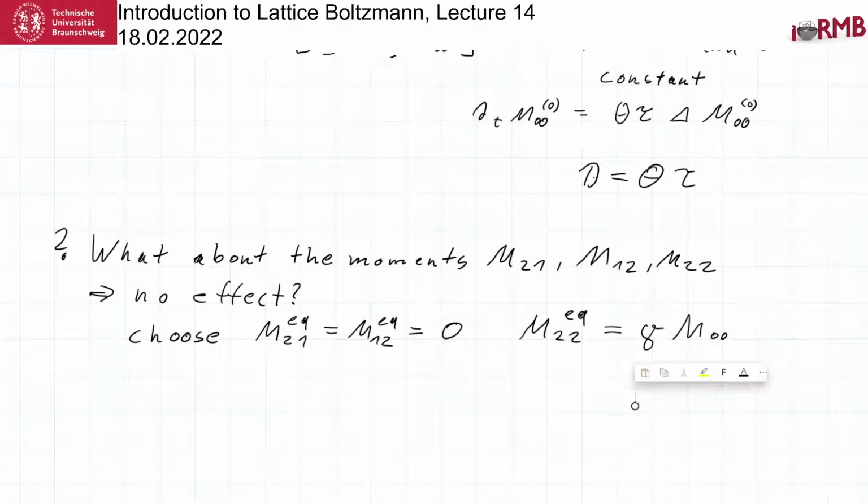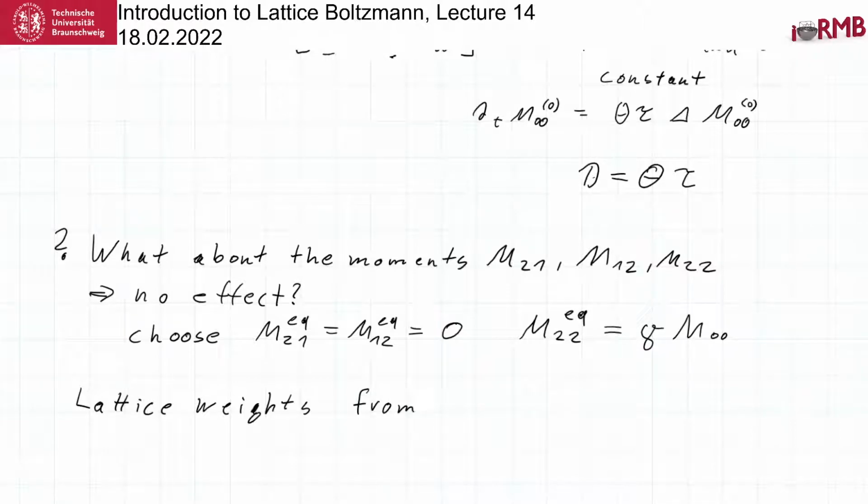So now we wanted to build a BGK model. What we still need for a BGK model is the equilibrium of the distributions, and for this we need the so-called lattice weights. Which now again is supposed to be a repetition.